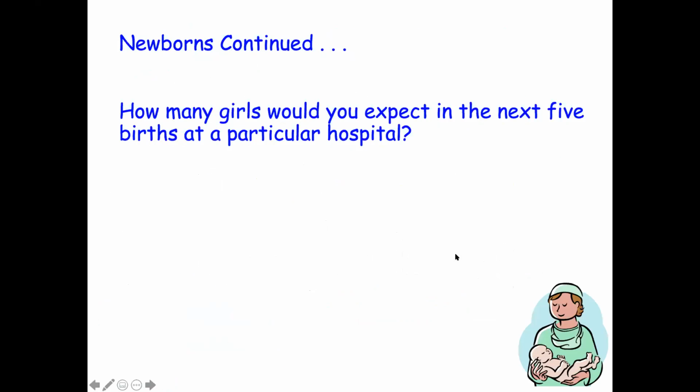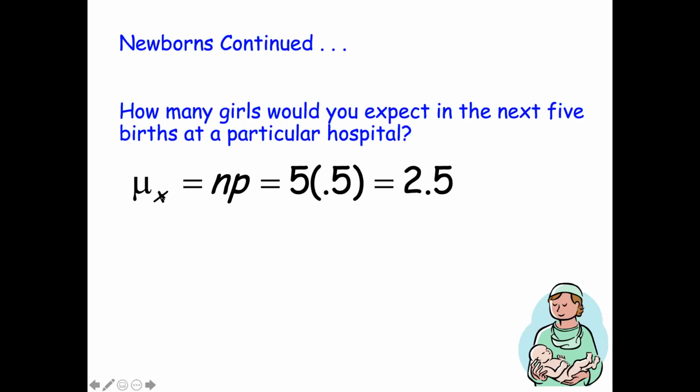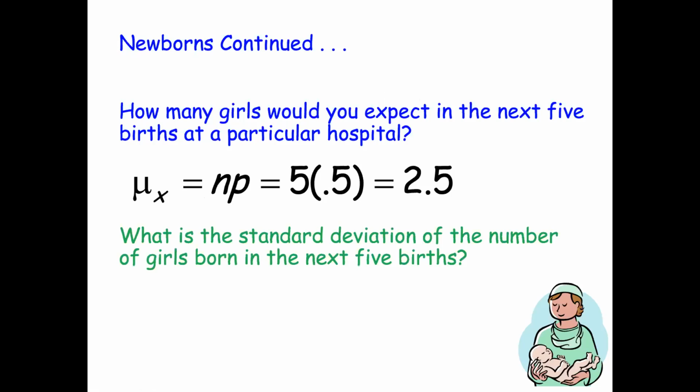Same example. How many girls would you expect in the next 5 births? When I see expect, I think average. To find the average, I do n times p. N is the number of trials, so that's 5. P is the probability of success, 0.5. So I get 2.5. On average, you would expect about 2.5 girls.